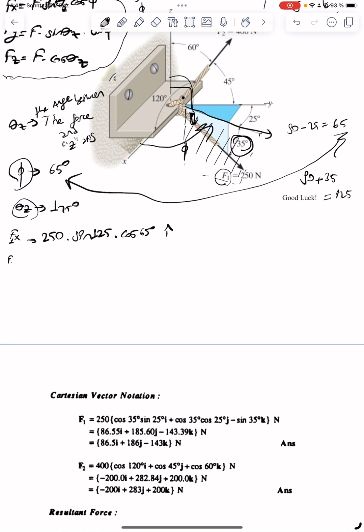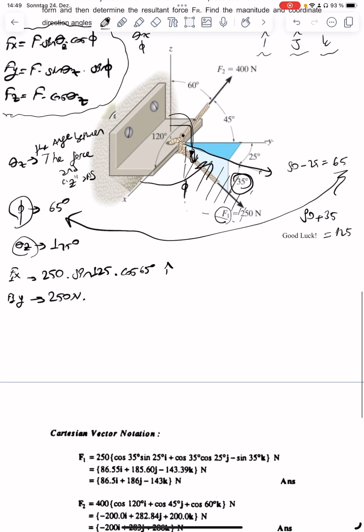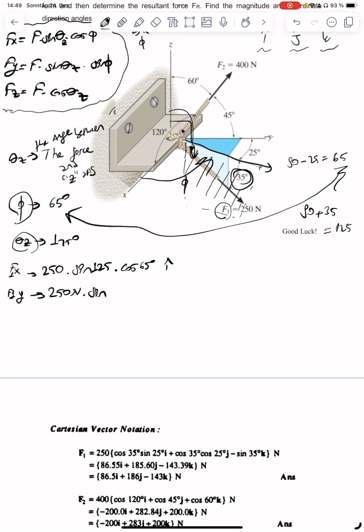So I can continue with F1 in the y-axis. It is the magnitude of F1, 250 Newton, times sin theta z, sin 125, times sin phi, and j hat.